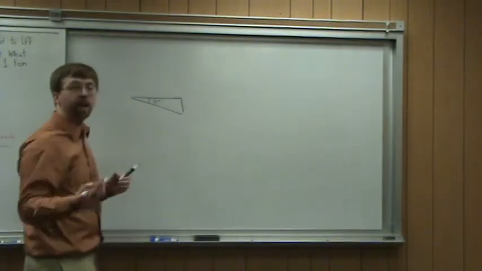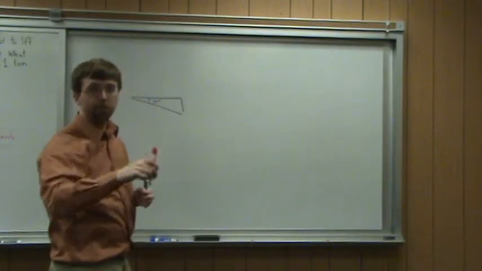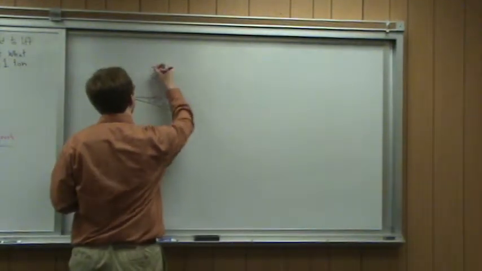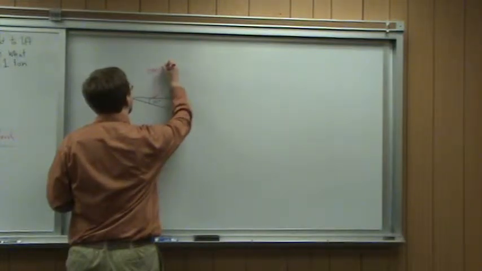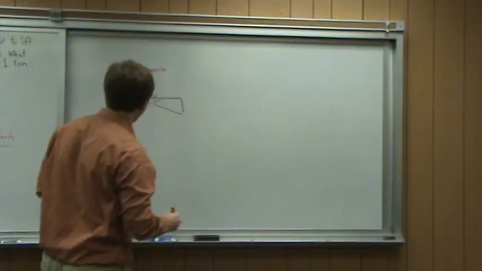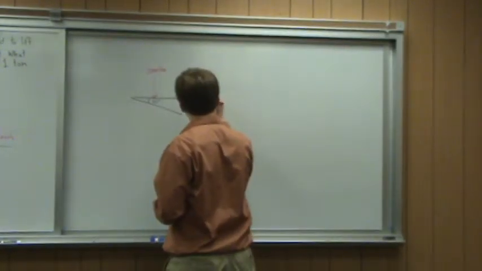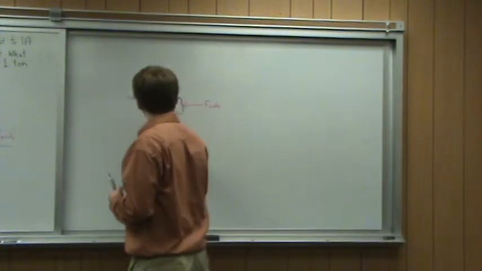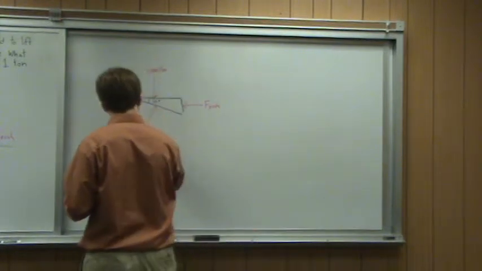I'm looking to create a 1 ton upward force, which means that the foundation is going to be pushing down with 1 ton. I'm going to have the pushing force over here, and I'm going to have a normal force on the base like this. So this is going to be Fn.